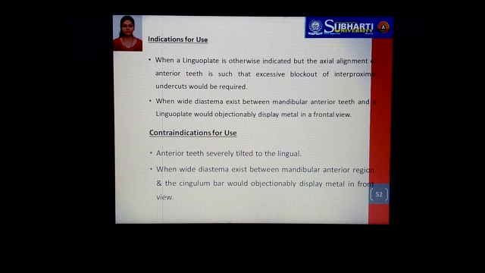So if there is a diastema, we can give this kind of design because the middle portion is not there. Where it cannot be used: when anterior teeth are severely tilted to the lingual, or when a wide diastema exists between the mandibular anterior teeth and the cingulum bar would objectionably display. If the diastema is very wide and even by giving this it is not able to prevent an unaesthetic appearance, then also this should not be given.